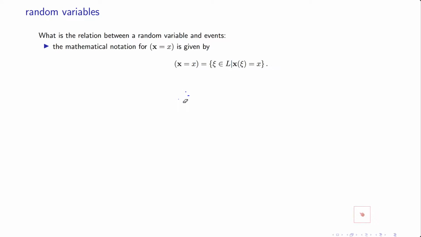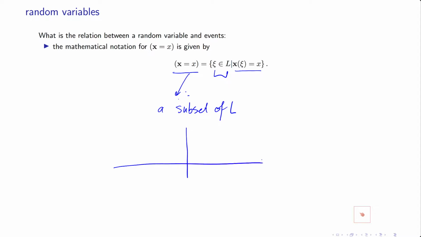Hereafter, this is a subset of L, which includes all members c of L such that x of c is equal to x. Suppose that c itself is a real number, and suppose that x of c is equal to c squared.